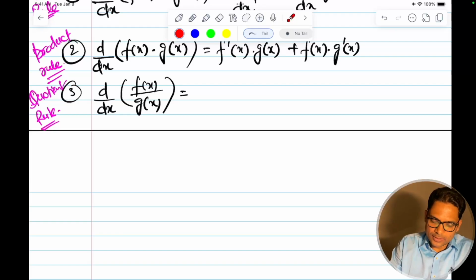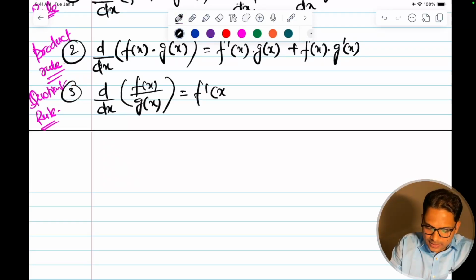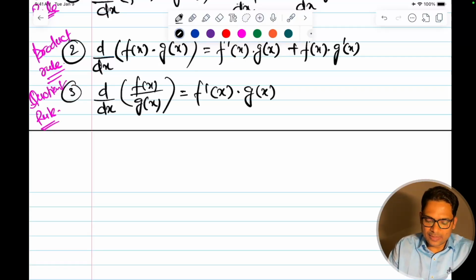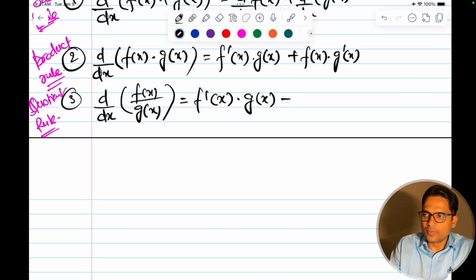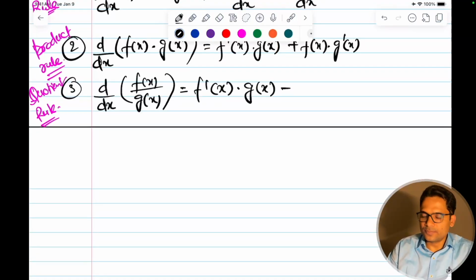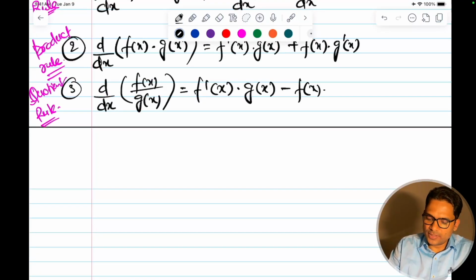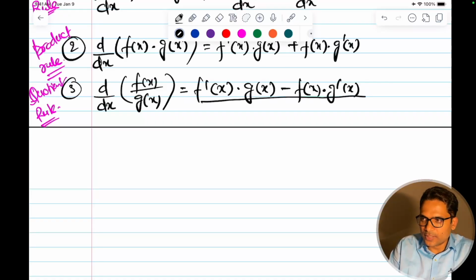This is f dash x. This is a bit tricky just to remember. It's the same thing, just a negative sign will be here, and then there will be fx into g dash x, and the denominator will be g of x whole square.